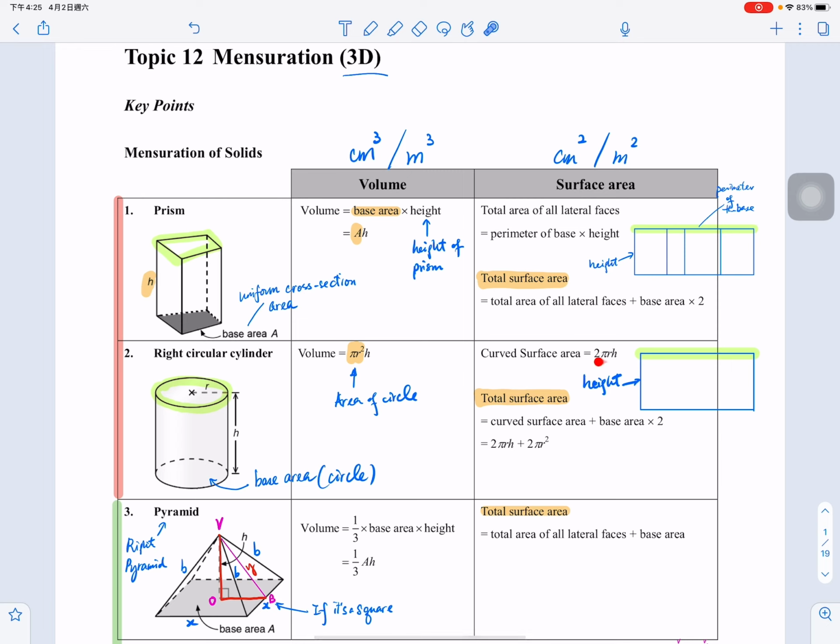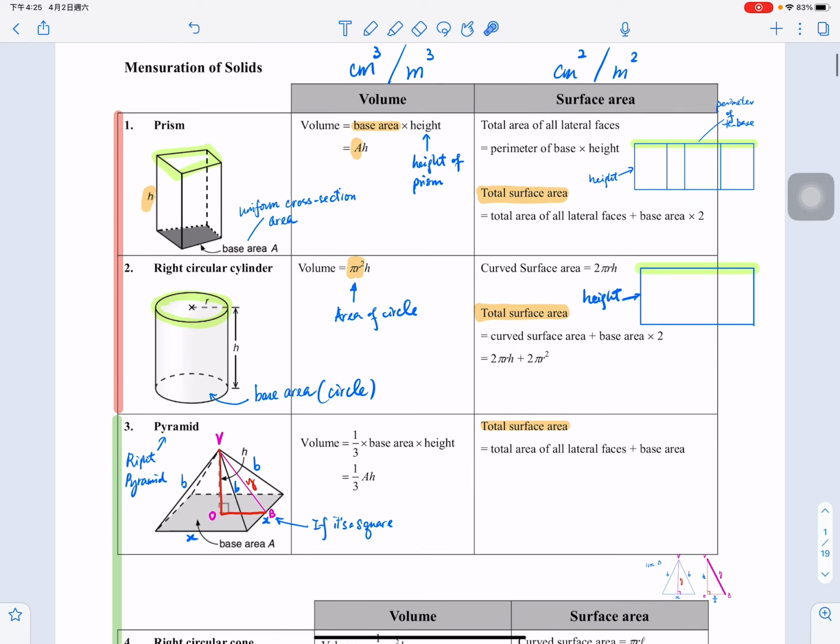So 2 pi r times h will be the curved surface area. Lastly, the total surface area is 2 pi r h plus 2 bases, that means 2 circles, 2 pi r squared. So this is the total surface area formula. Understand?